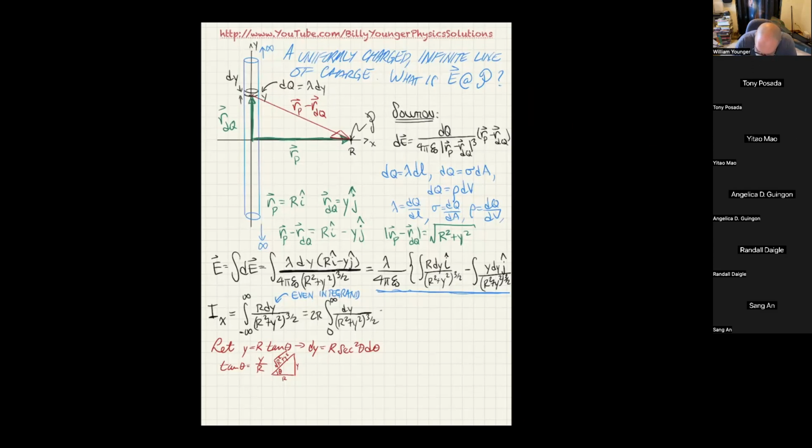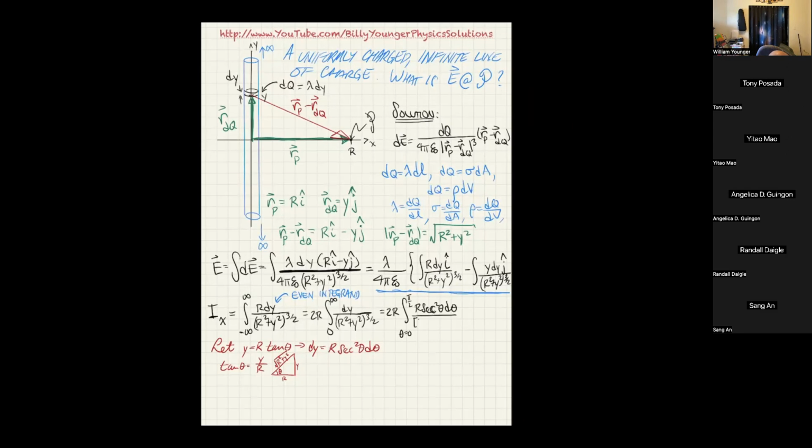So now that I do that, I can plug this stuff in. I'm going to have 2r integral, theta equals 0 to pi over 2, of dy, which is going to be r secant squared theta d theta. And then in the bottom, I'll go ahead and do something kind of smart.